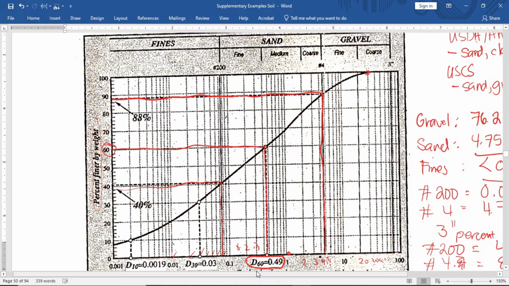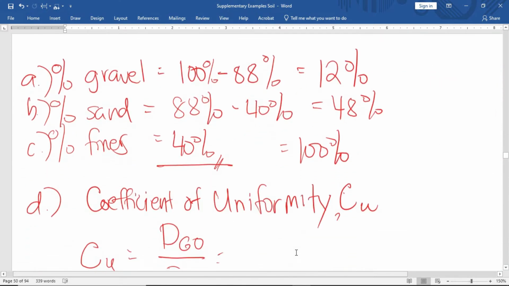So, how about naman ang D10? D10 ay ito, ito yung 10% natin na finer. So, corresponding niyang diameter is 0.0019. So, yun na yung D10 tsaka D60 natin, nakita lang natin sa graph.